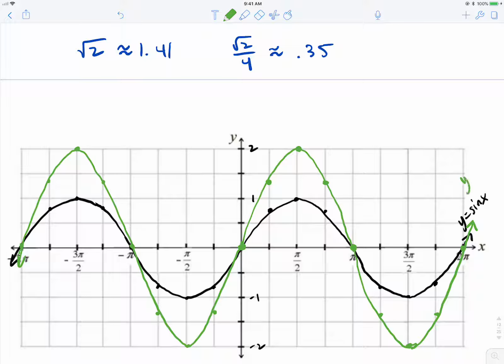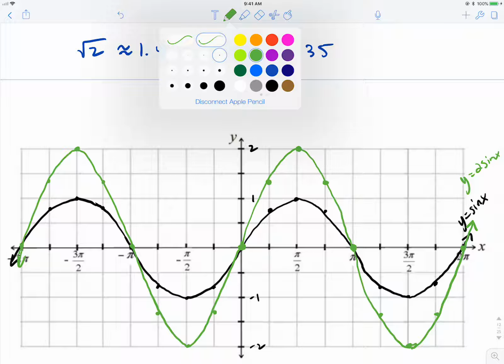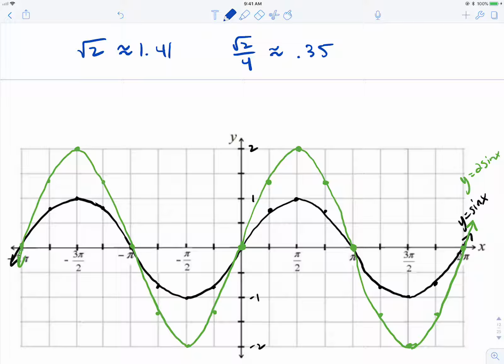Okay, so then we have y equals 2 times sine of x, and lastly 1/2 times sine of x.